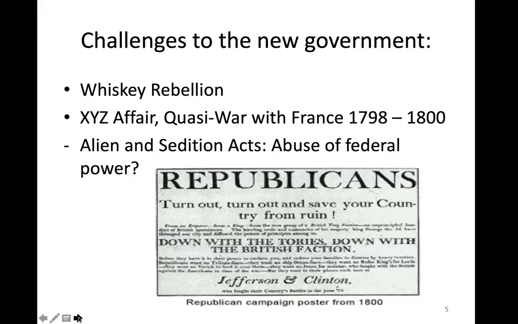And this was considered an insult to this newly formed republic. And Jefferson refused to name the French delegates explicitly. He just called them Mr. X, Mr. Y, Mr. Z. You know, how they basically insulted the United States and tarnished our reputation and so forth. So this XYZ Affair led to this quasi-war with France.